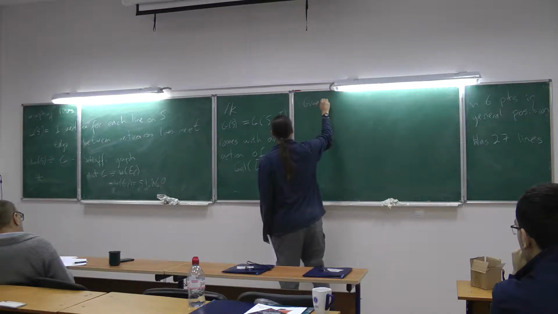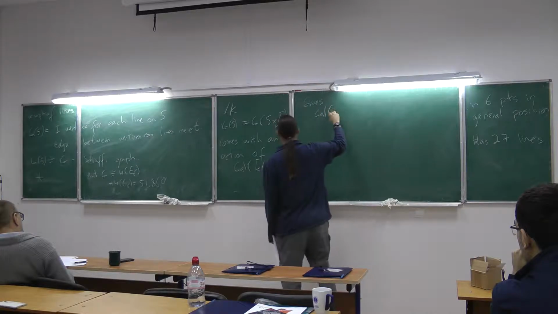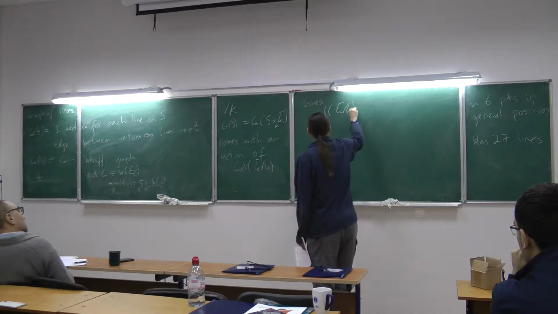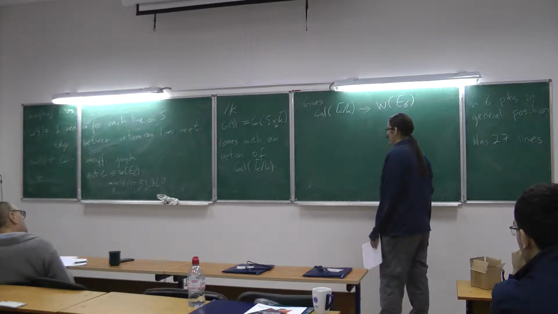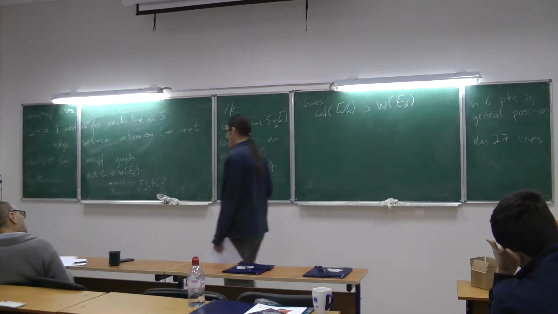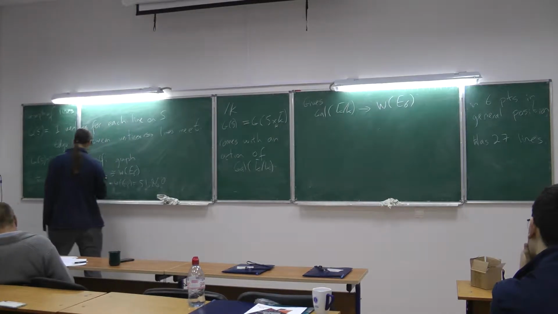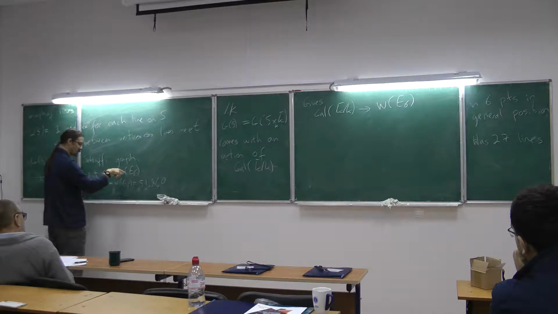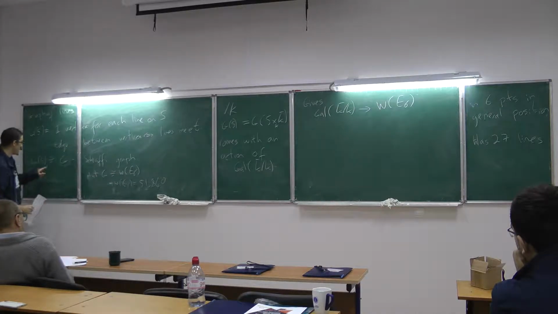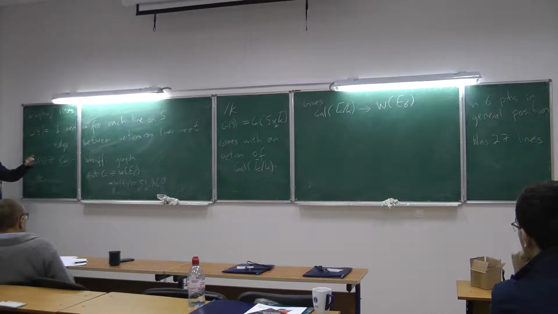And in particular, since we know the automorphism group of the Schläfli graph is the Weyl group of the E6 root system, you get a map. The automorphism group of the Schläfli graph could be defined abstractly in terms of the E6 root system, but there's no canonical choice of isomorphism here. You have to choose an isomorphism to the graph, like an ordering of the lines to say which vertex goes to which vertex.